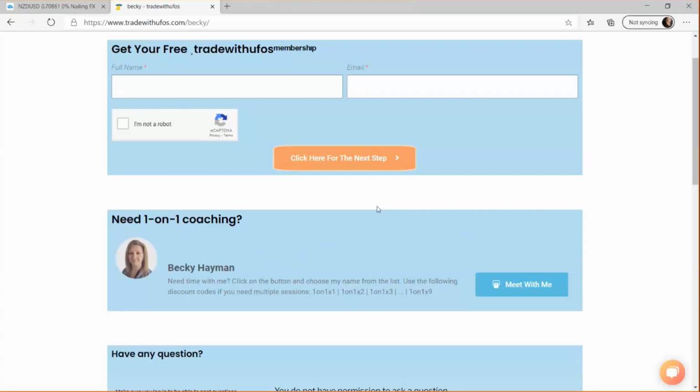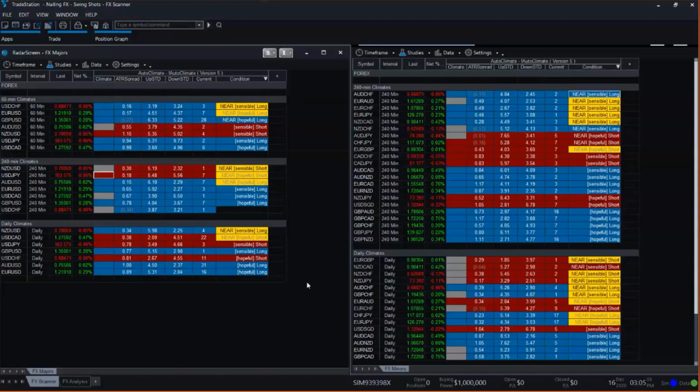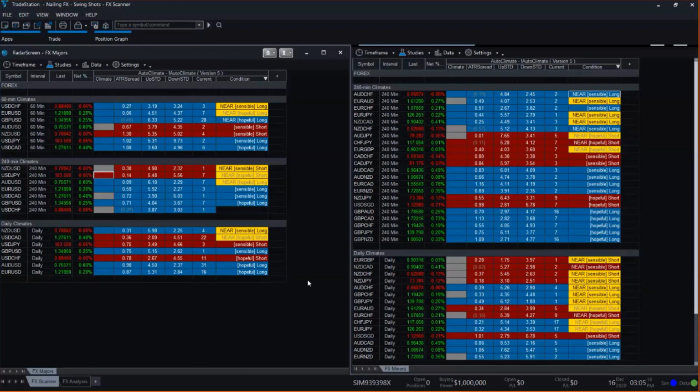So let's go straight into looking for opportunities. Now, out of interest, guys, as I bring this up and we'll look through the scanners, for those of you that are in the room, has anybody been on a Trade with UFOs session before? It doesn't need to be with me, but it might be with one of my colleagues. Anybody familiar with the way that we do things? Or if you're completely new to it, completely never seen us before, let me know that as well.